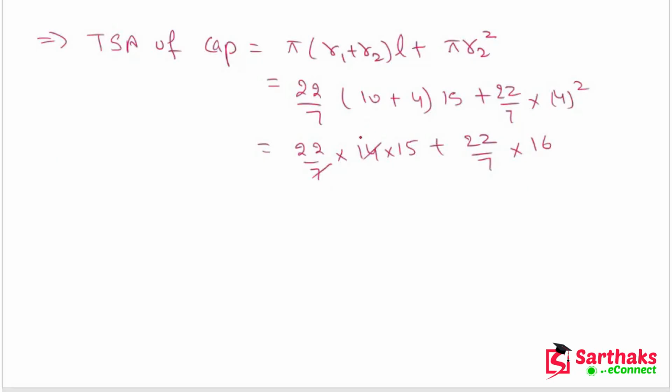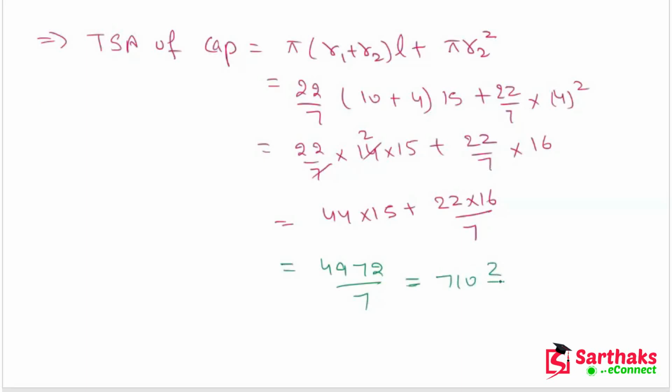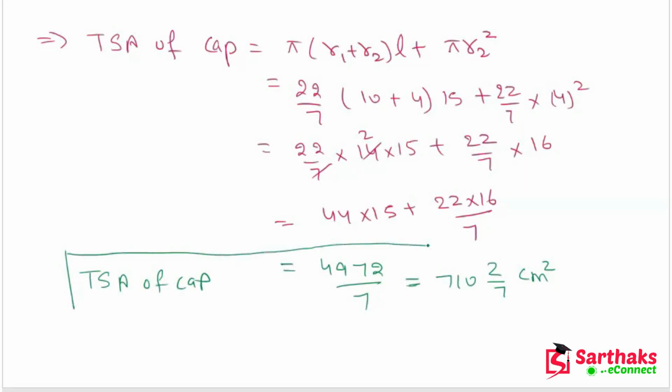This will be cancelled 2 times, so we get 44 into 15 plus 22 into 16 upon 7. After solving this, we get 4972 divided by 7, and you can convert it into a mixed fraction. So this will become 710 2 upon 7 centimeter square. This is the TSA of the cap. I hope, my dear friends, you understand these things.